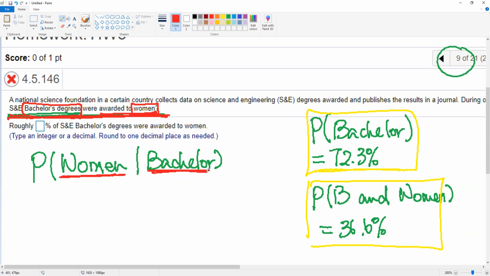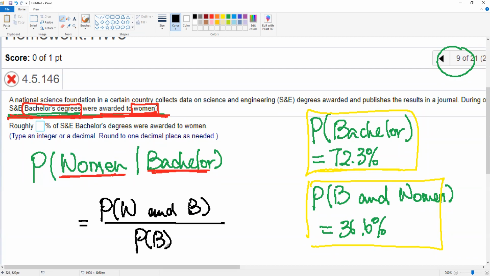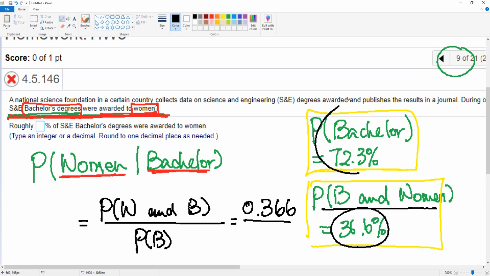Okay, then by the formula for conditional probability, it will be the joint probability, women and bachelor, divided by the bachelor, the given event. So let me plug the joint probability up there, 0.366 divided by the marginal, 0.723.